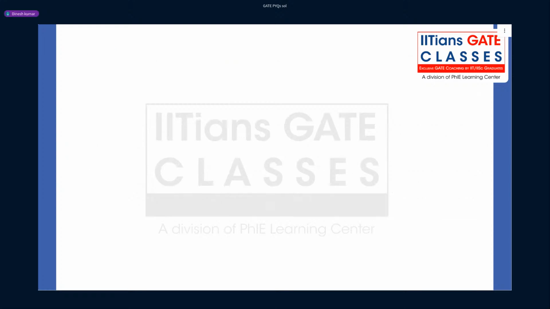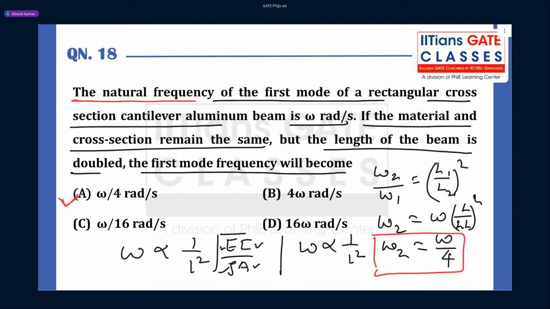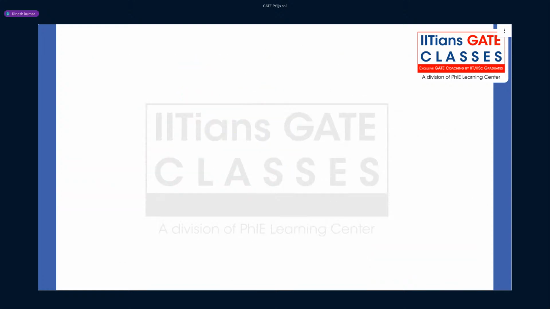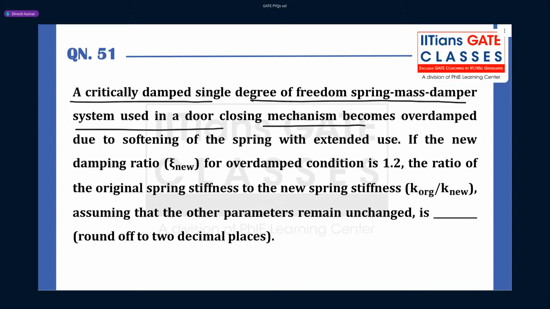Read the question, what they say. Before that, any question? Yeah, this is done. Let's move to question number 51. What it says: a critically damped single degree of freedom spring mass damper system used in a door closing mechanism becomes over damped due to softening of the spring with extended use.